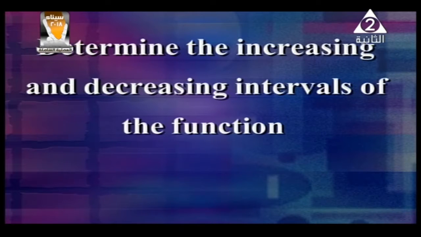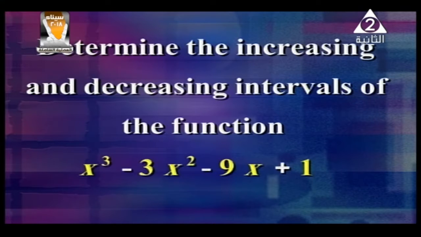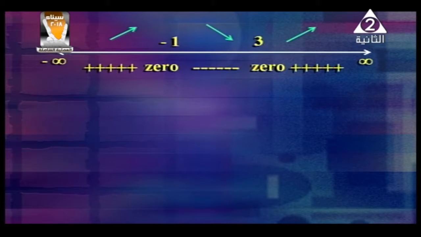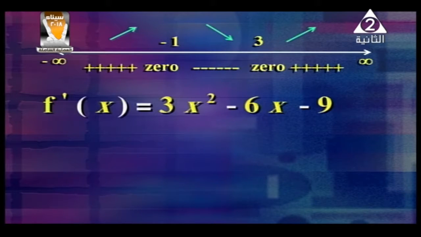Determine the increasing and decreasing intervals of the function x power 3 minus 2x power 2 minus 9x plus 1. Solution. Look, dear student, we find f dash x equals 3x power 2 minus 6x minus 9. After that, we know that we have a common factor 3.